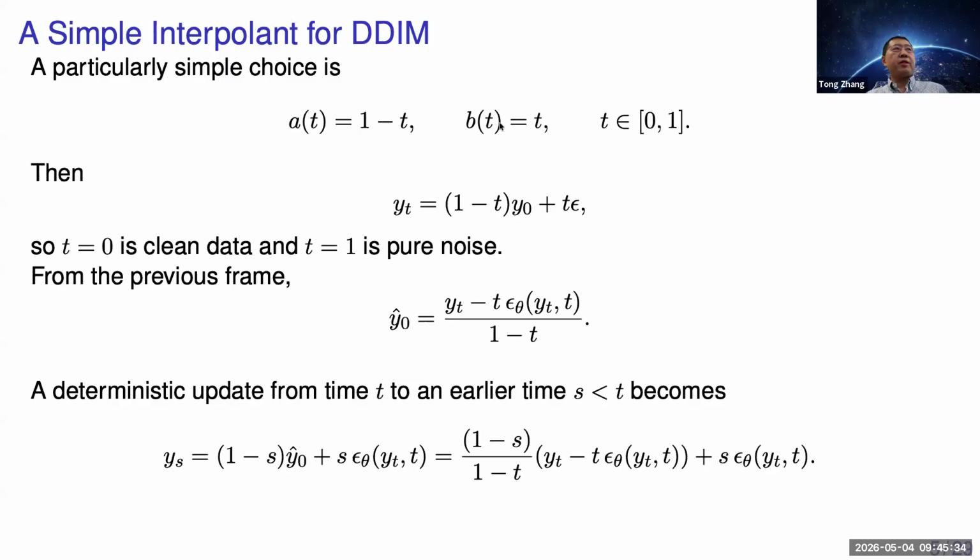We could look at the more general T, but for example at T equals 1, this guy is y minus epsilon, which is finite. This is a noise, right? This is a y, and the problem is you divide by 0. So at T equals 1, this is divided by 0, which makes it very unstable if you use a diffusion model.